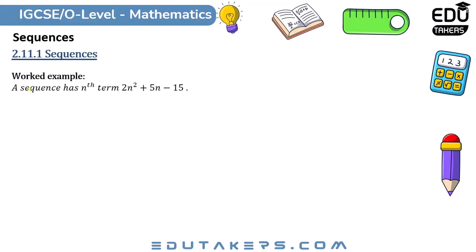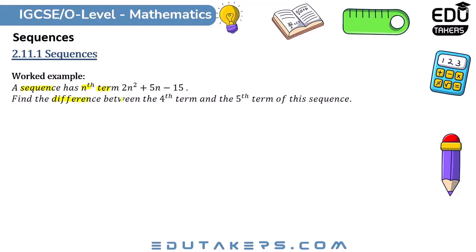Worked example. A sequence has nth term 2n squared plus 5n minus 15. Find the difference between the fourth term and the fifth term of this sequence. To find the difference between the fifth term and fourth term, first we need to find the fourth and fifth terms.